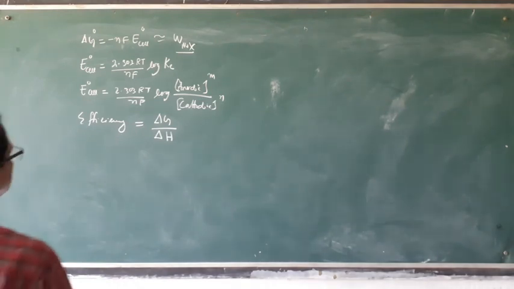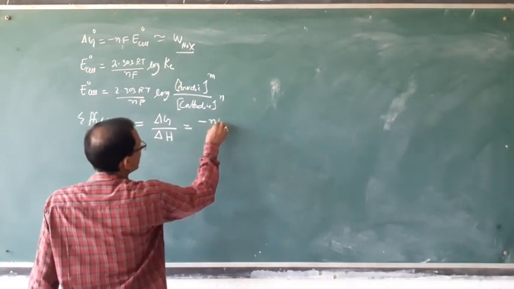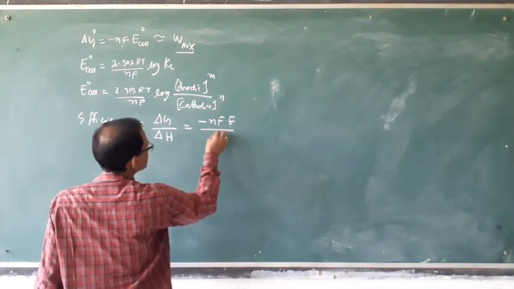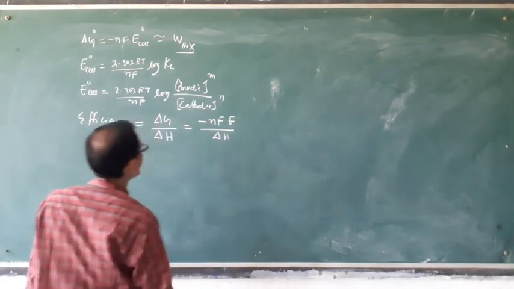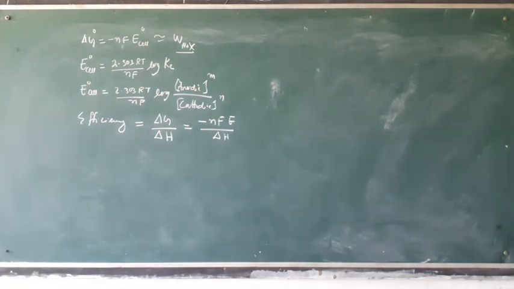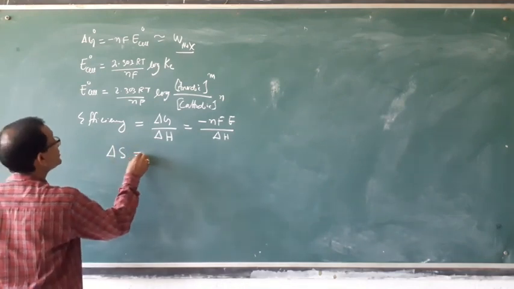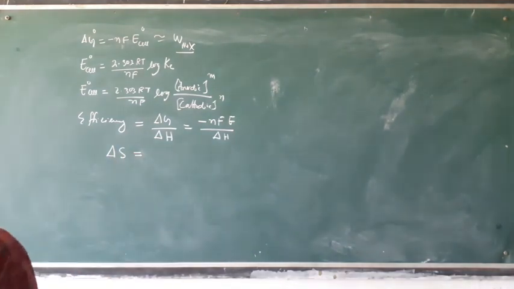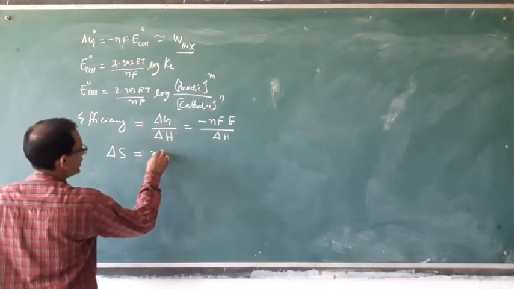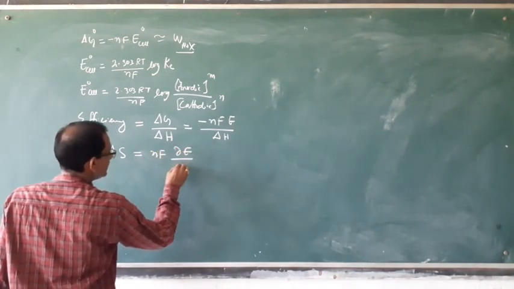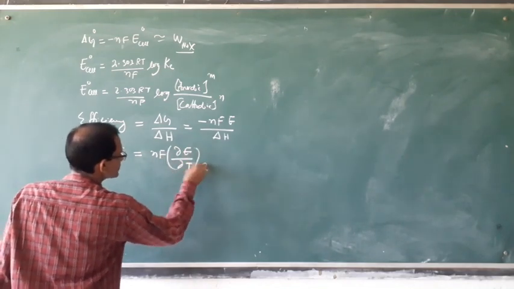Which is equal to minus nFE by del H. You can also use this formula. And the del H value, in terms of entropy change, can be calculated as nF into del E by del T at constant pressure.